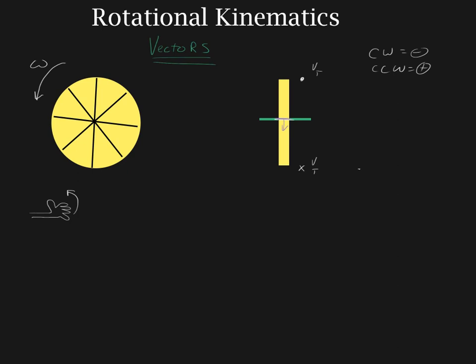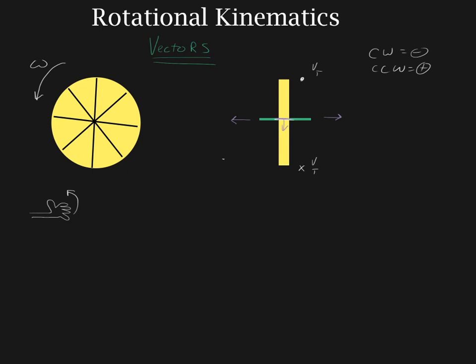Okay, so what's going to happen is your fingers are going to be curled towards you, but your thumb is going to be pointing in that direction. And that's the important thing to take note of. Now, if the wheel were to rotate in the other direction, then your thumb would point in this direction. So here's the general rule whenever we're dealing with rotational quantities.